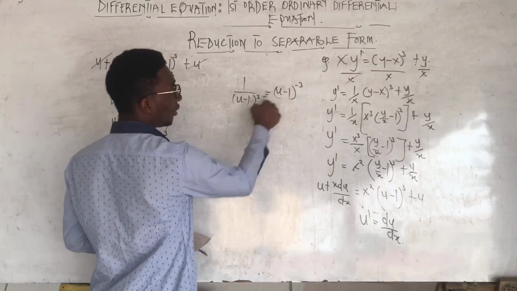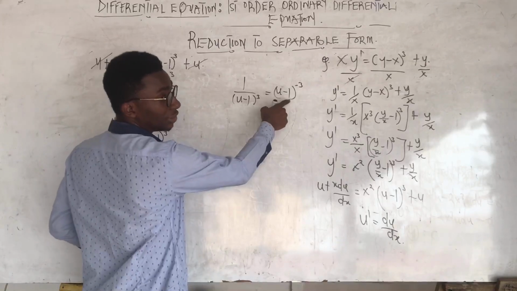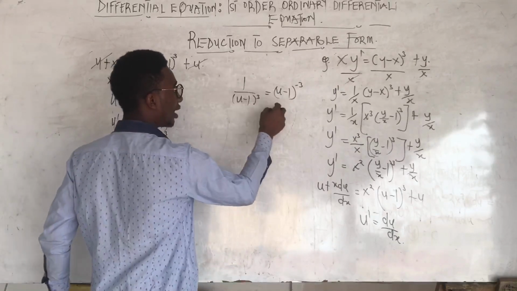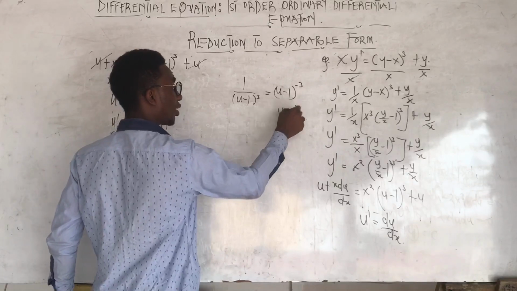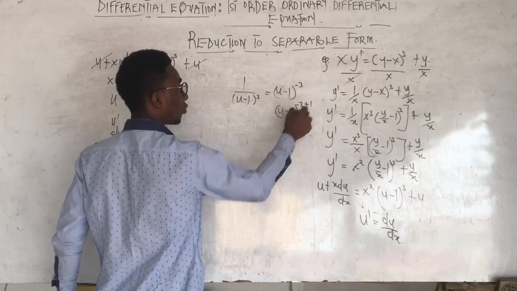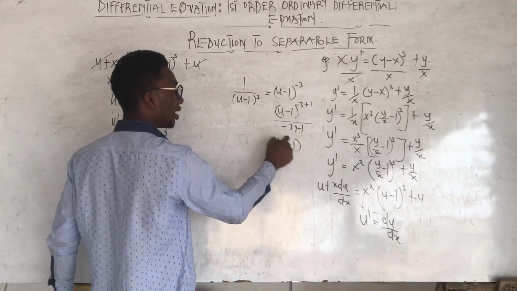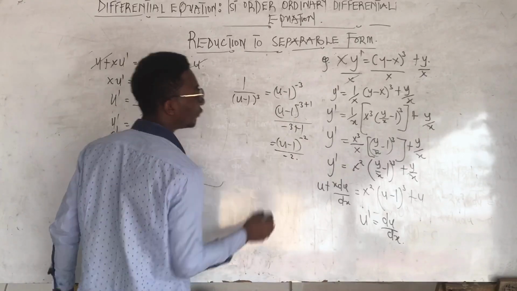So we add one to the exponent, negative 3 plus 1, and divide by negative 3 plus 1, which gives (u minus 1) exponent negative 2 divided by negative 2.